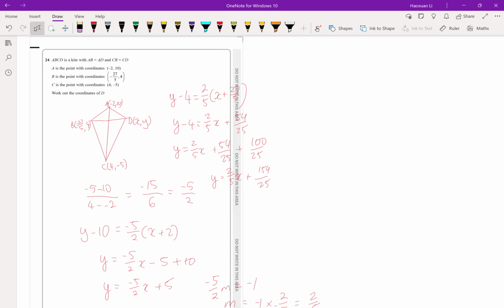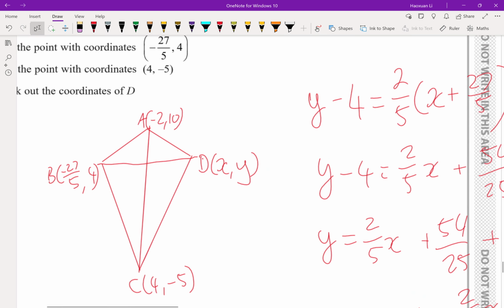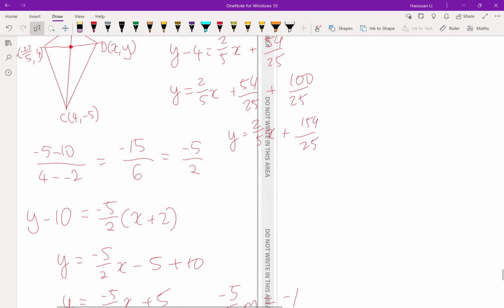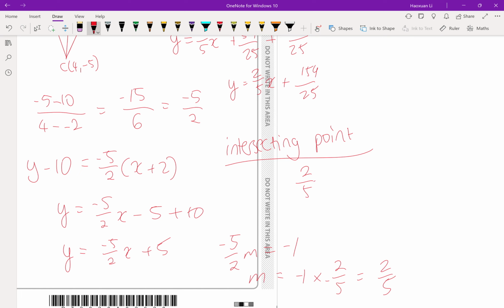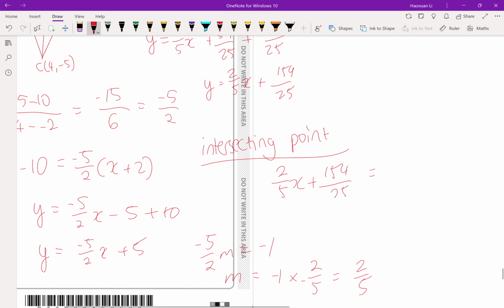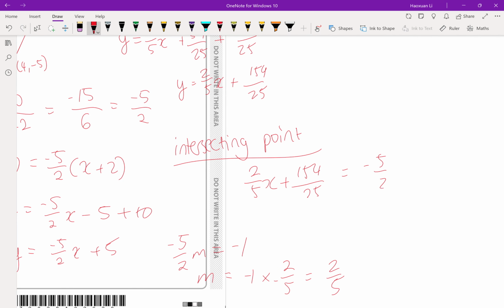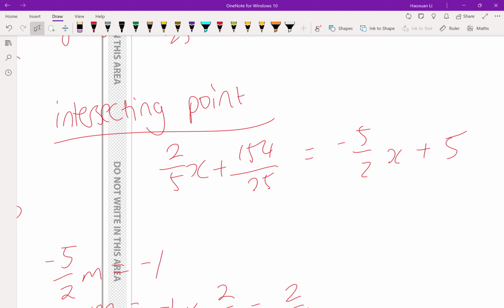And now we're meant to find this intersecting point. So now in order to find the intersecting point, we can just do 2/5 x plus 154 over 25 is equals to negative 5 over 2x plus 5. So therefore you can move, it's better to have a positive one than a negative.